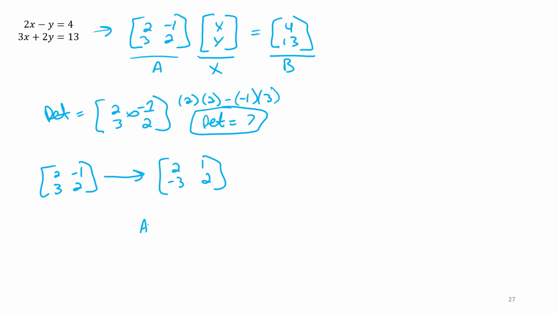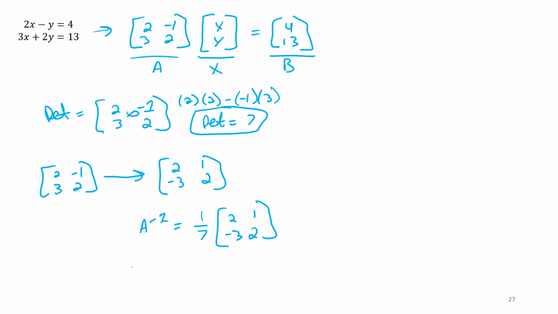So we know we have the inverse of 1 over the determinant, so we have 1/7, and our new matrix, 2, -3, 1, and 2. But we still have b, and so we're going to put that on the end.